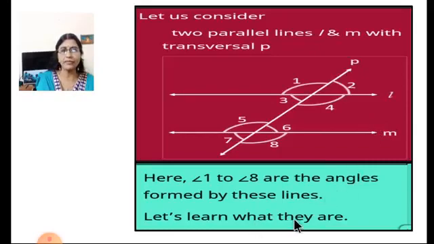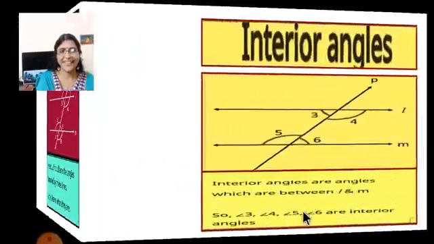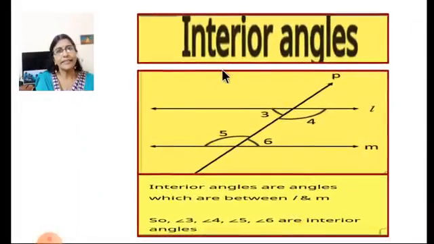So let's learn what they are. Let us learn about the angles which are formed by the transversal on these two parallel lines. Now next we are going to learn about interior angles. From the 8 angles which we have seen just now, which are the interior angles?